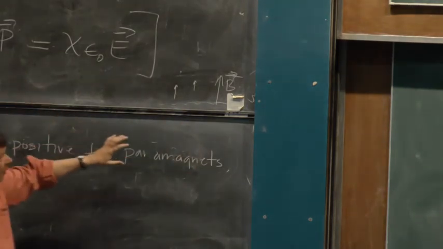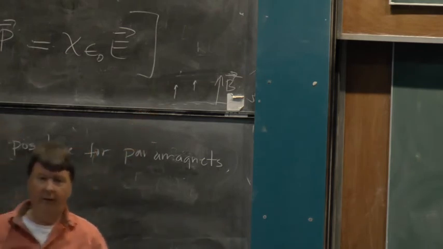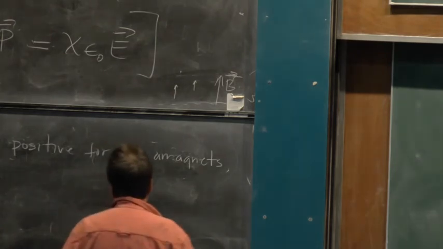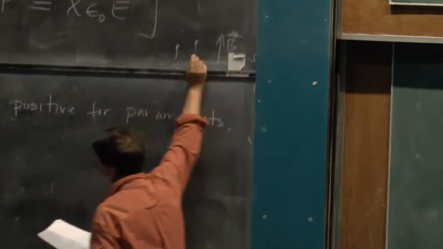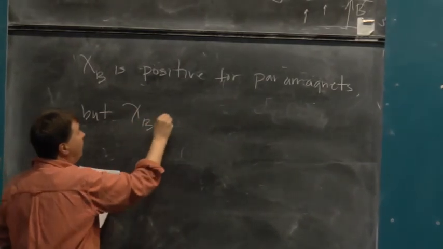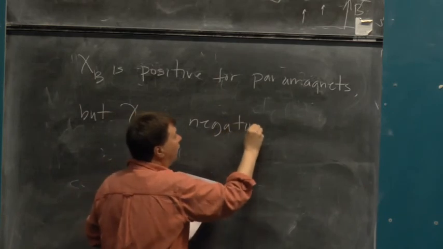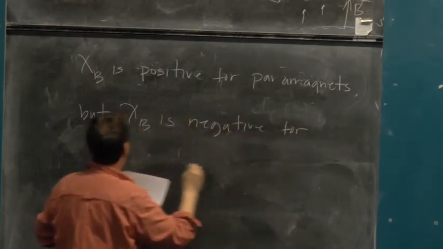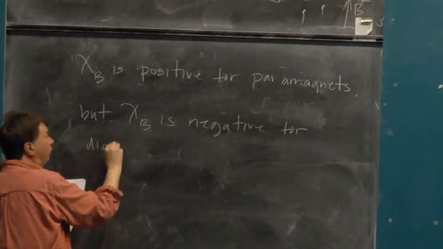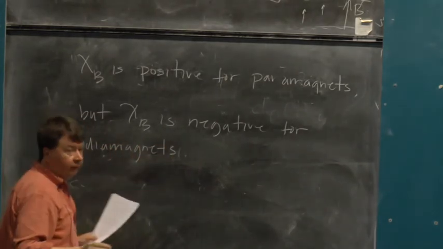But we also apply the same equation with more or less no justification whatsoever to diamagnets, and it leads to the almost absurd result, but you'll see this in many textbooks, that chi B is negative for diamagnets. So most material, and I'm sorry if this lecture has been slightly confusing, I've tried to cut through.